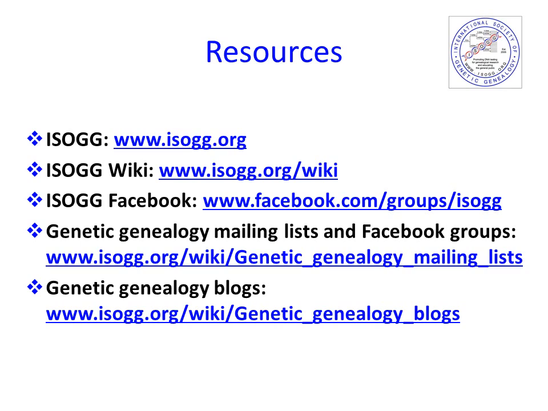A quick word about resources. ISOGG, the International Society of Genetic Genealogy, is the main resource for information and education on the subject of genetic genealogy. They have a wiki where you can find lots of useful information, and also a very active Facebook group. There's also a variety of mailing lists and other specialist Facebook groups, and you can find all those links in the ISOGG Wiki.